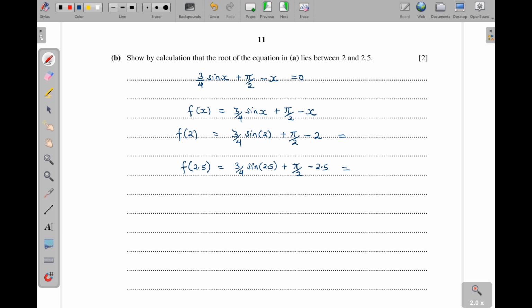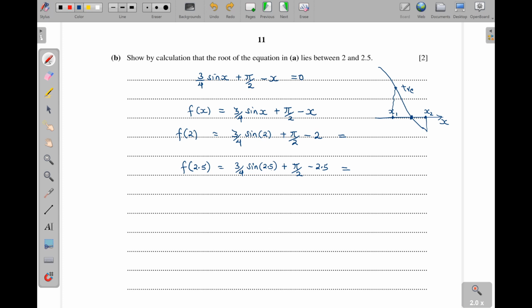Why? If I have maybe this as my graph, and this is the root here, that is where it cuts the x-axis. There is an x value here, let's say this is x2. There is also an x value here, which is x1. So when I substitute it in the function, I'll see a positive value here because it is above the x-axis.